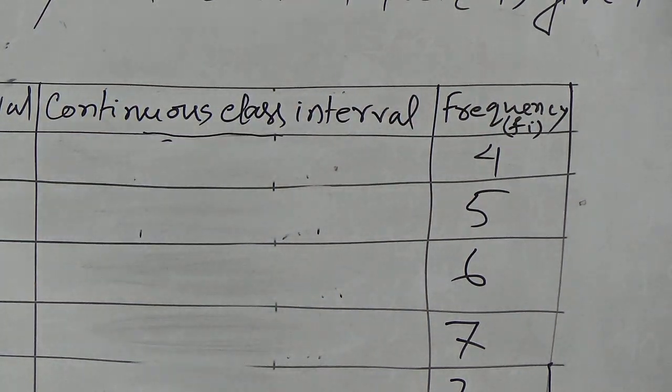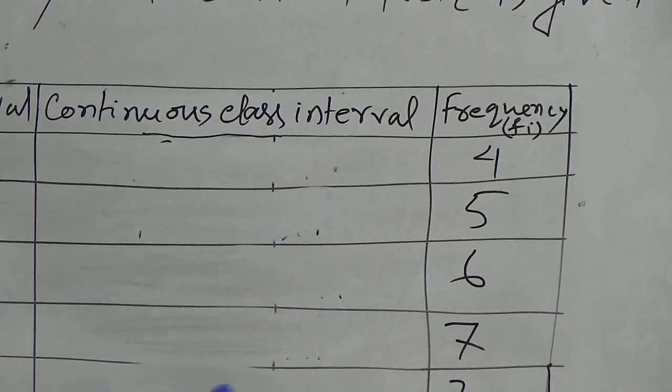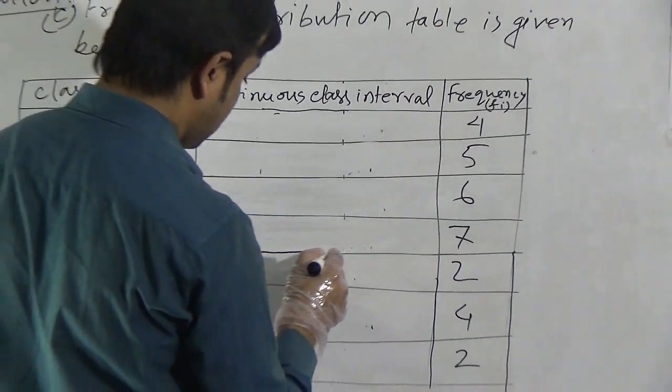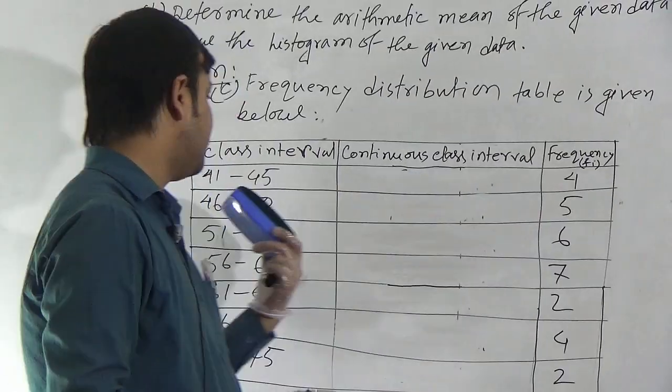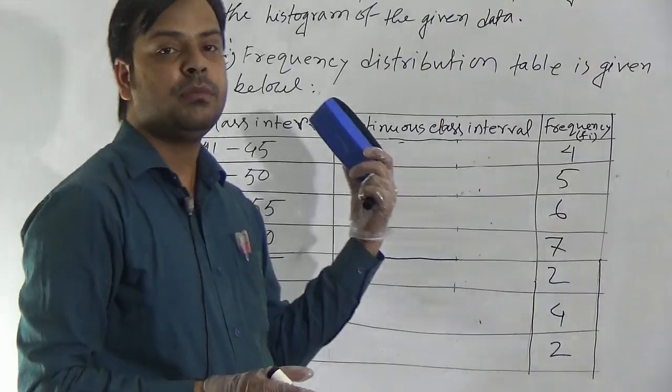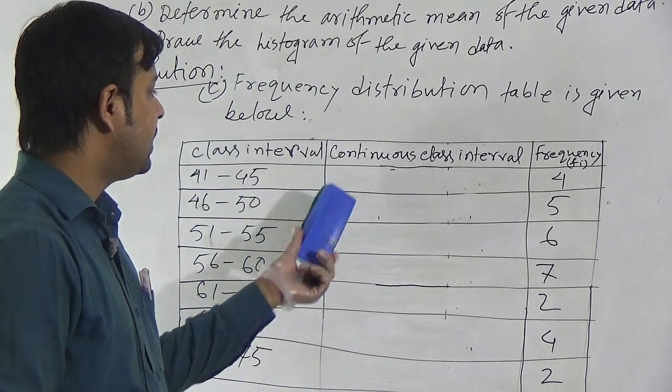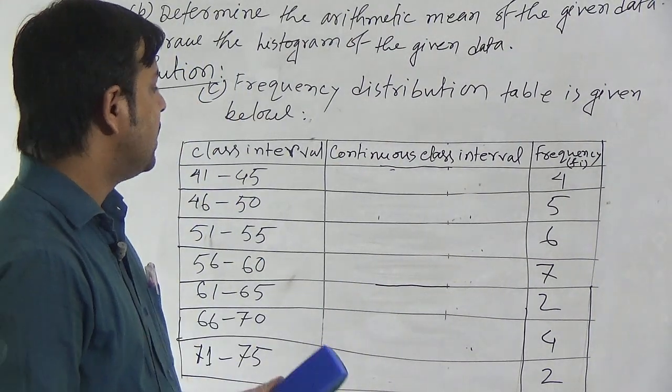So we have to prepare continuous class interval at first here. Frequency, and this class we have taken from B. Now prepare the continuous class interval at first.